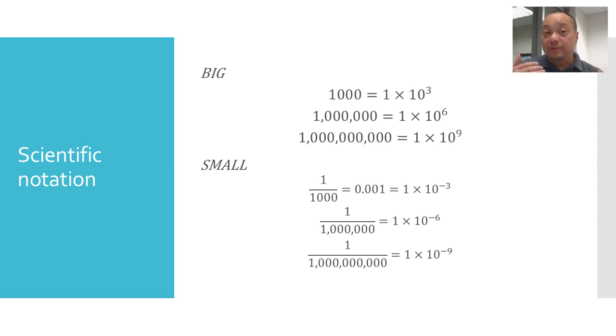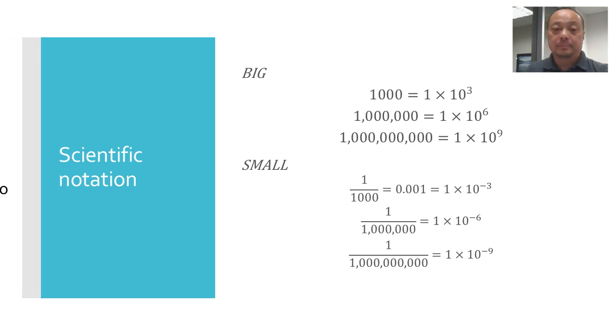For the small prefixes, a factor of 1 over 1,000 or 0.001 has 3 decimals, so 1 times 10 to the negative 3rd. Opposite of 1,000. 1,000 is 10 to the 3rd. 1 over 1,000 is 10 to negative 3. A factor of 1 over a million is 1 times 10 to negative 6. Opposite of a million. A factor of 1 over 1 billion is 1 times 10 to negative 9.